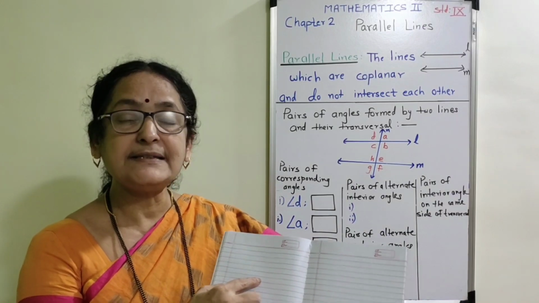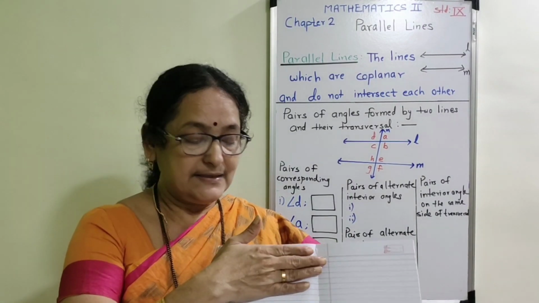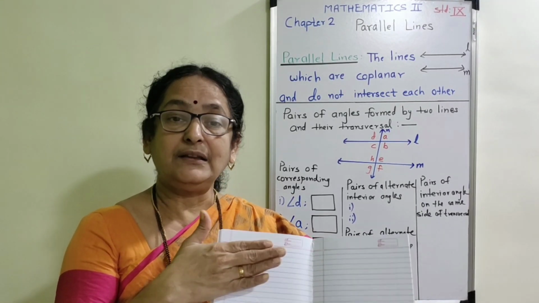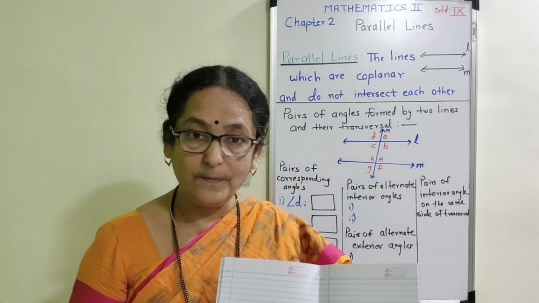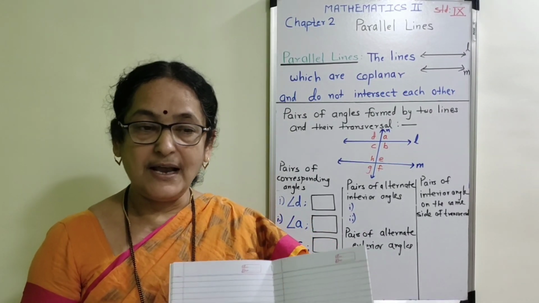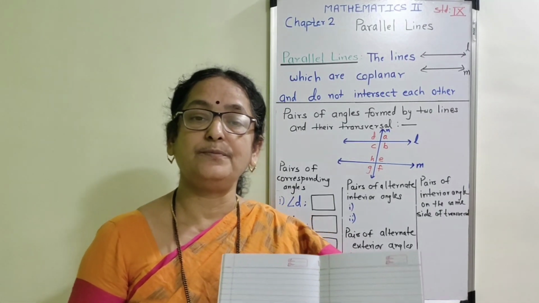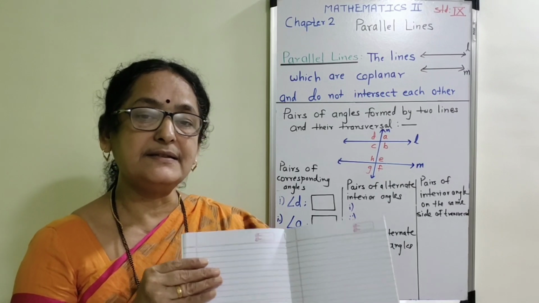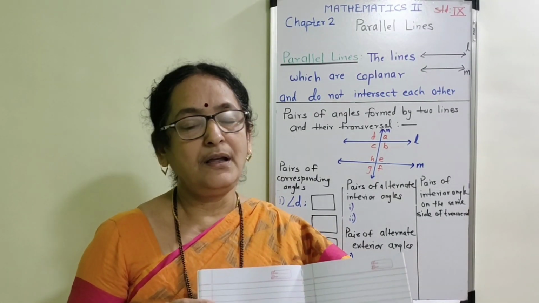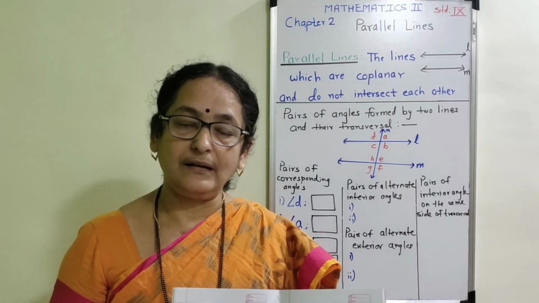These two lines fulfill both the conditions: since every page is a plane, these lines are coplanar, and they are not intersecting each other, and therefore these lines are said to be parallel lines. This is a very important and familiar example with which we can learn the concept of parallel lines.